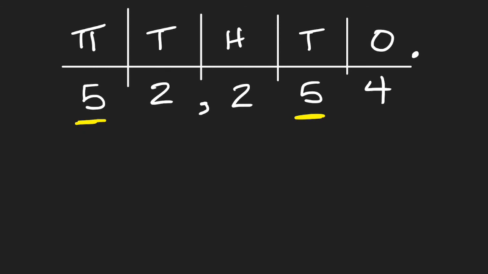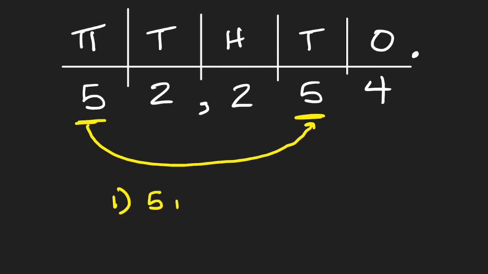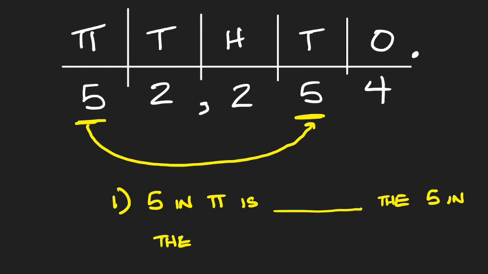But if I were to say, hey, what's the relationship between the 5 in the 10,000s place and the 5 in the tens place? Well, there's 2 things that I know here. The first thing I know is that the 5 in the 10,000s place is blank the 5 in the, and I'm just going to do capital T, in the tens place, okay?